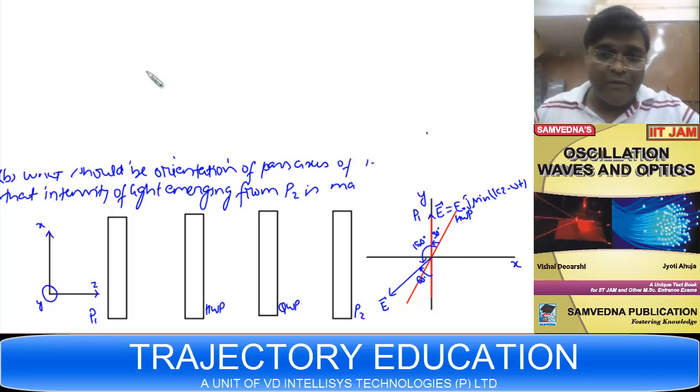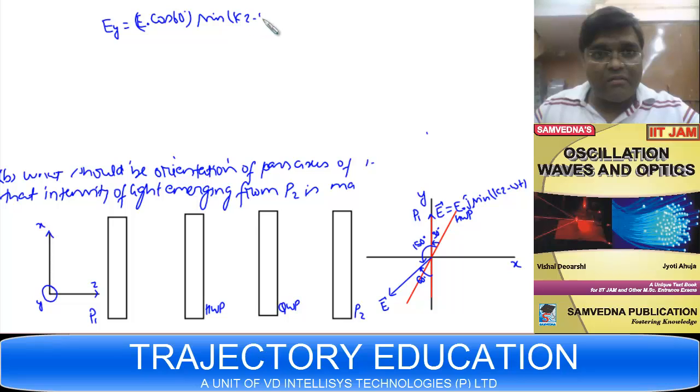It will undergo a double refraction, giving you Ey equals E naught cos 60 sin(kz minus omega t), and Ex equals E naught sin 60 sin(kz minus omega t).